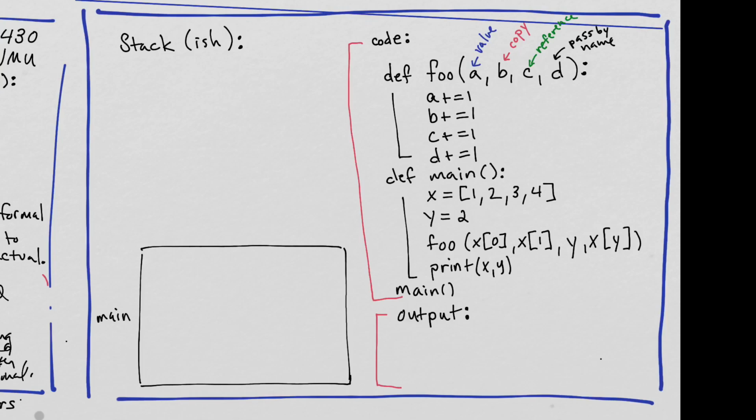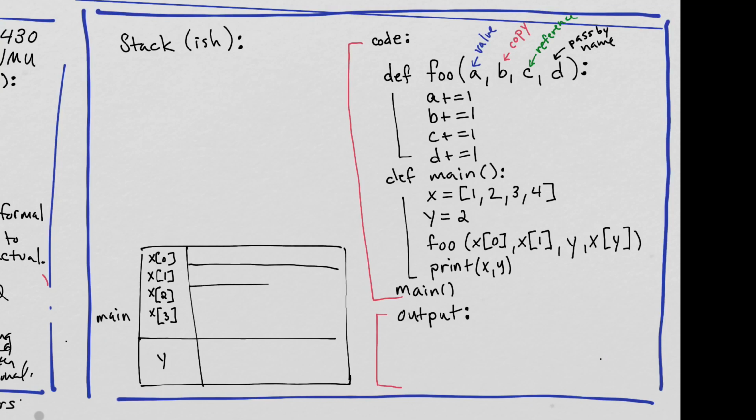So we're going to go ahead and put X into the stack. I'm committing some grave sins here by not making things grow from top to bottom, but that's okay. So we have 4 slots in X, and then we also have a variable Y, and so our stack looks something like this with the values 1, 2, 3, and 4 in X, and Y is equal to 2.